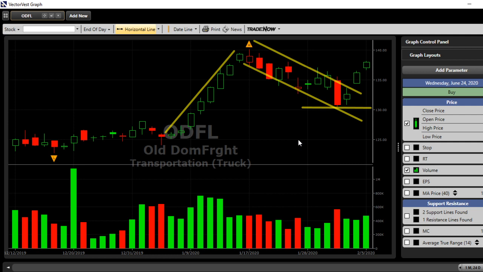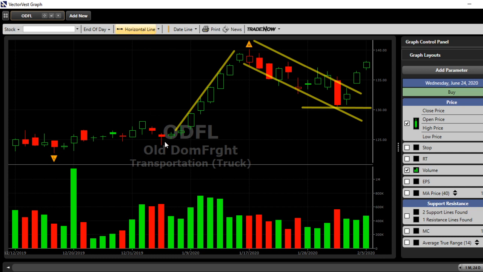We also talk about what's called the measured move. The measured move is where you should expect price to run to after the breakout. And with a bull flag, the measured move is the length of the flagpole. The length of the flagpole.